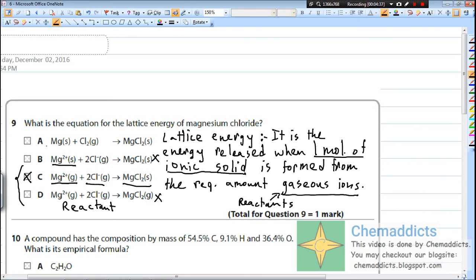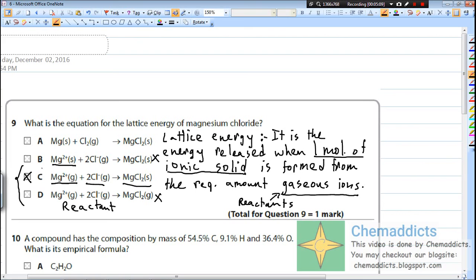And in A, this is not an ion and this is not an ion, so this shouldn't be the equation for the lattice energy. In A there are no gaseous ions, so A is ignored. And in B, this magnesium ion is solid, so B is ignored.